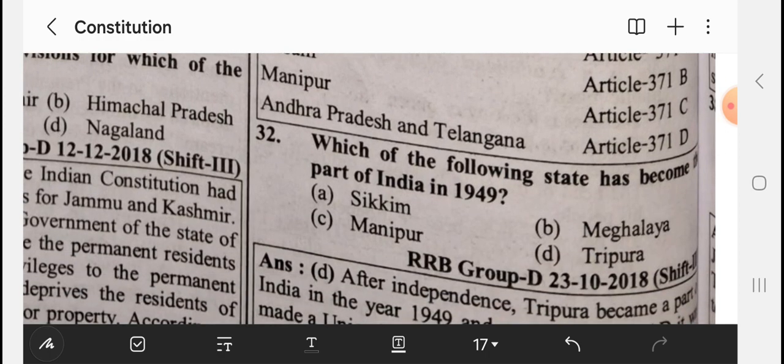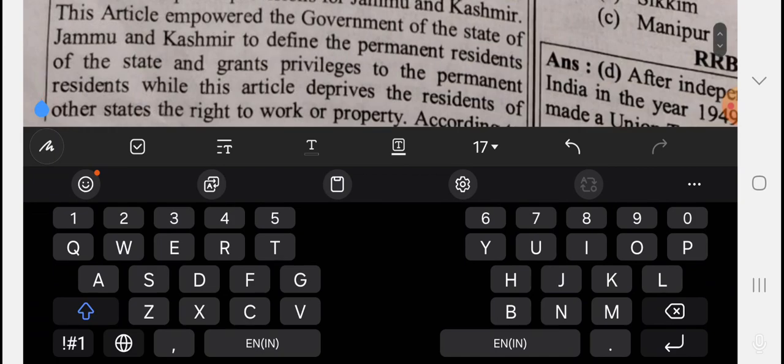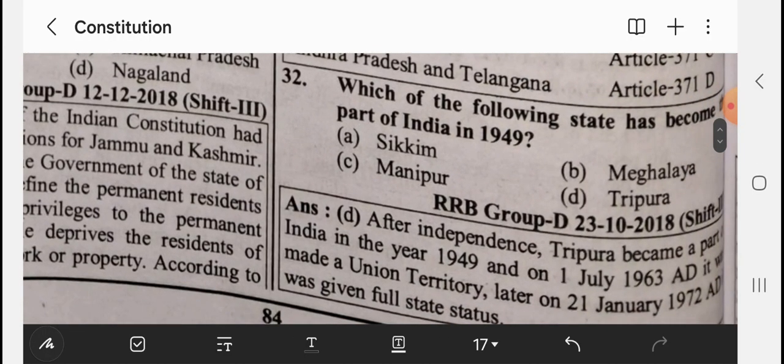Which of the following states became part of India in 1949? So we know Sikkim became part later, in 1975, I think.